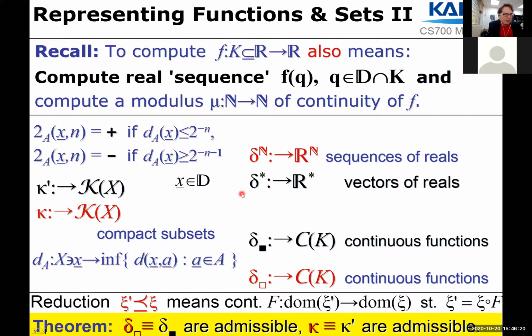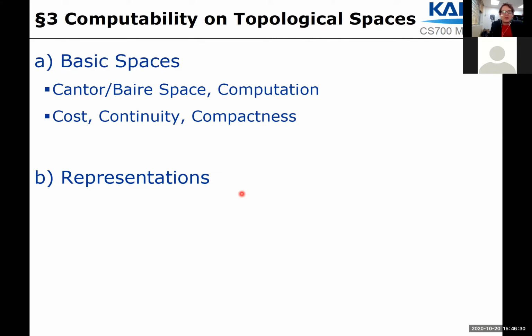So to summarize, and this concludes our chapter 3 on computability theory of topological spaces. We have talked about computing on basic spaces, Cantor space and Baire space. We have seen how algorithmic cost corresponds to quantitative continuity, modulus of continuity, and how compactness is crucial to obtain runtime bounds that depend only on the output, but not on the usually infinitely many possible inputs.